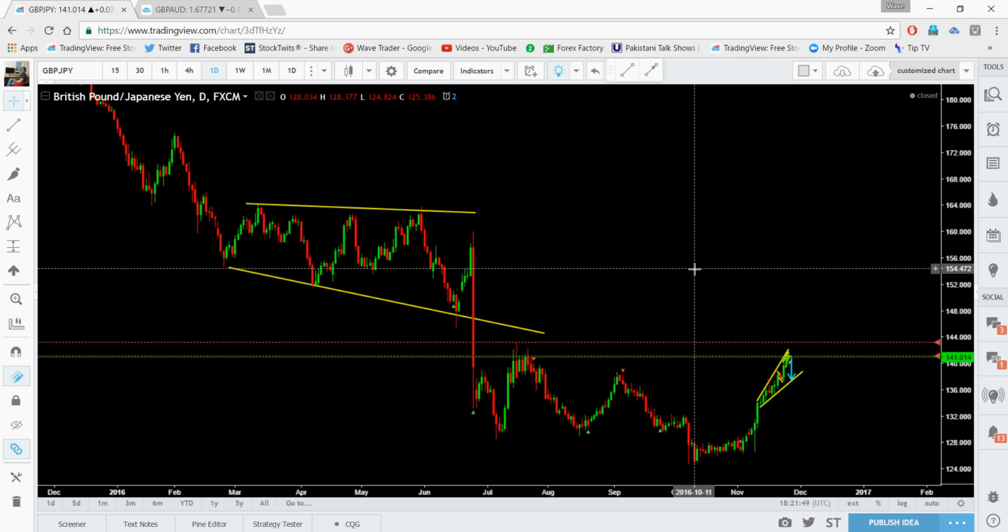So try to practice as much as you can. Draw a structure on your chart. The really important thing is to try to identify impulse and correction correctly. These two specific parts are really important.